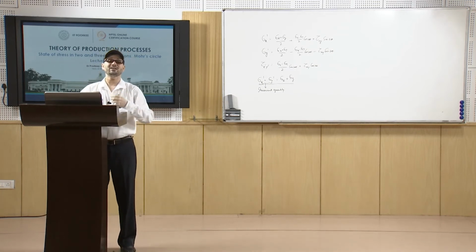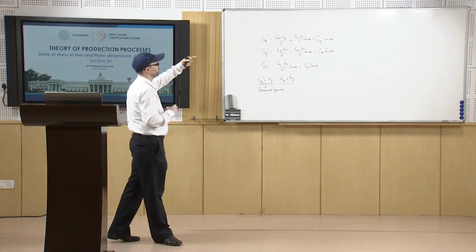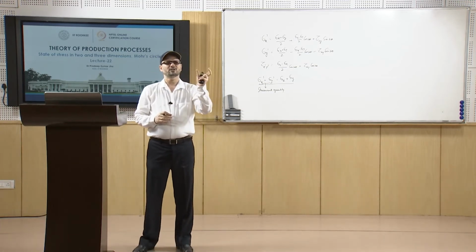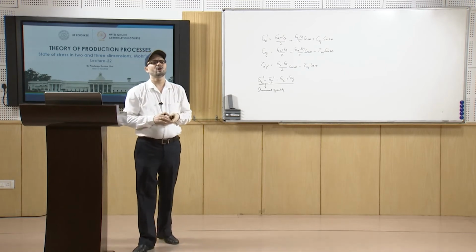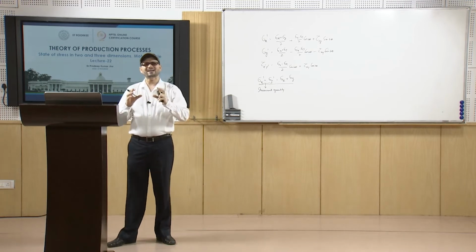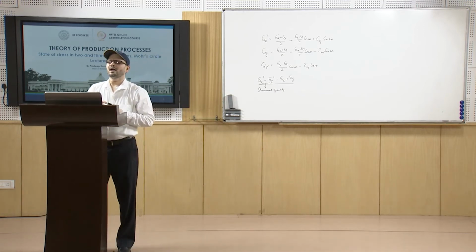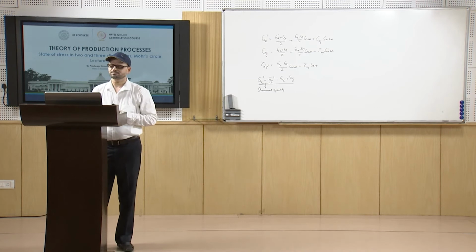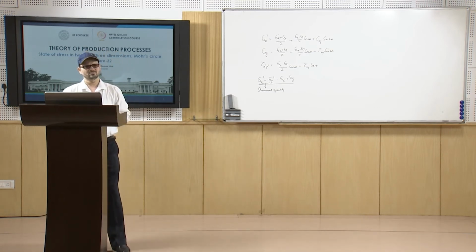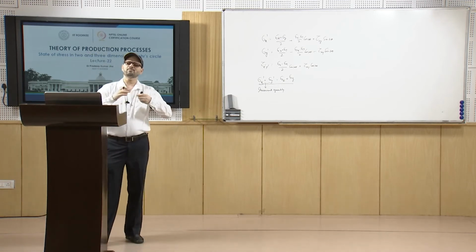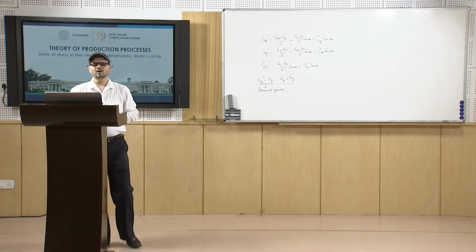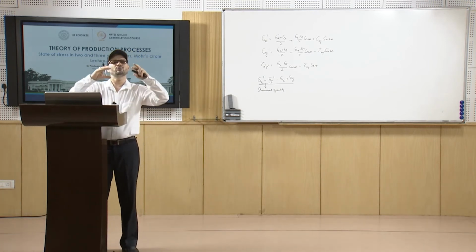Now, if you try to draw the graph for any values of sigma x, sigma y and tau xy, a few facts become clear. First, the maximum and minimum values of the normal stresses on any oblique plane through a point occur when the shear stress value is 0.